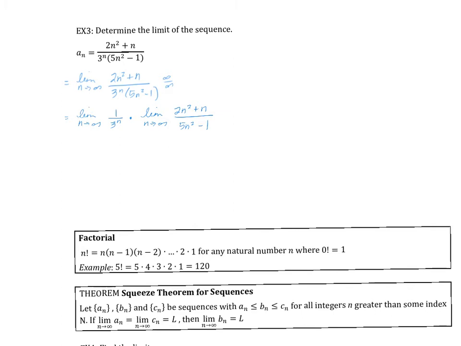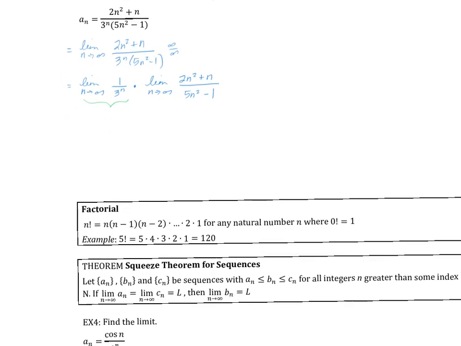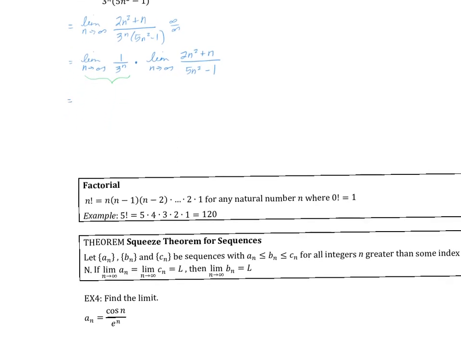If we look at this first limit, this is going to be a geometric sequence. This is the limit as n goes to infinity of 1/3 to the n, which is geometric, where r is less than 1, so it's going to be 0.